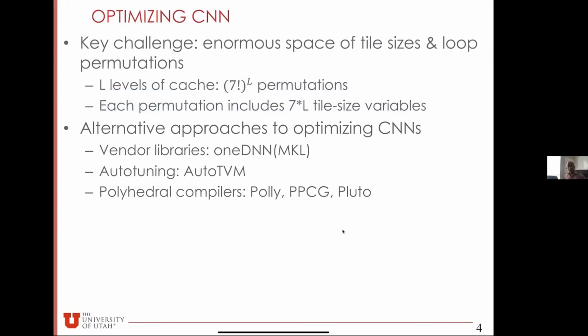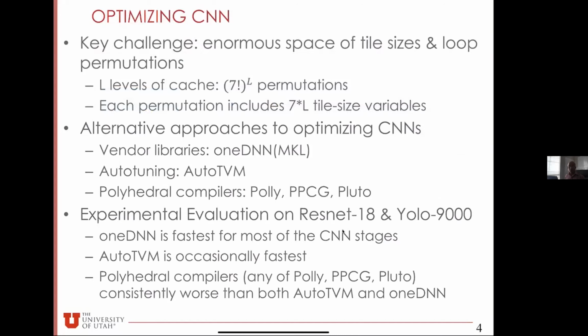Now, CNNs are purely affine computational structures, and therefore they are in the domain of what polyhedral compilers can do. However, we did some experimental evaluation on a couple of CNN stages from 2 of these pipelines, ResNet 18 and YOLO 9000.